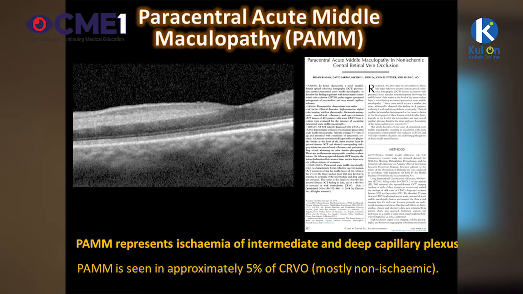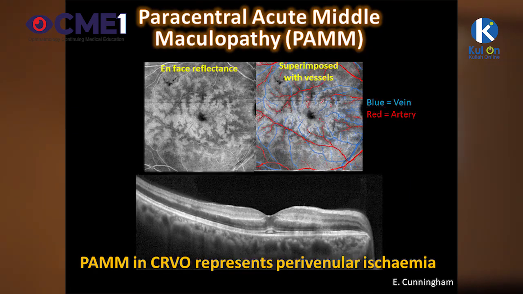And what PAM represents is that it's a selective ischemia of the intermediate and deep capillary plexus. And this is seen in about 5% of central retinal vein occlusions. Most of these patients have non-ischemic central retinal vein occlusion, and they typically have a better outcome.